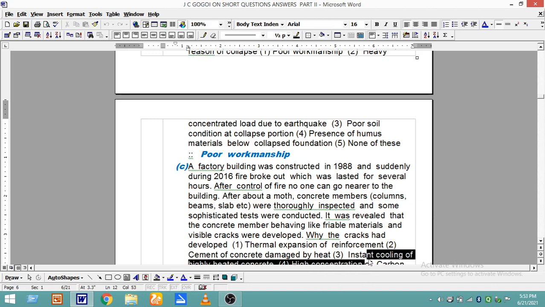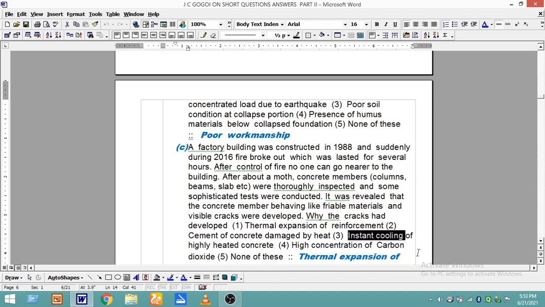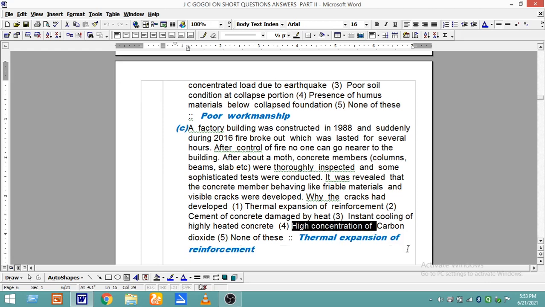Instant cooling of highly heated concrete, high concentration of carbon dioxide. Out of this, what is the reason?